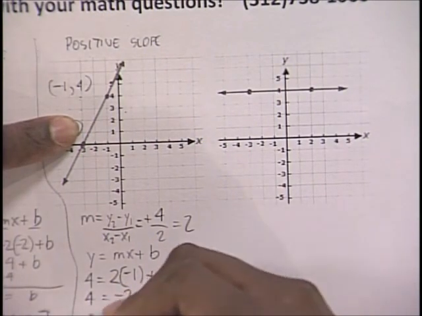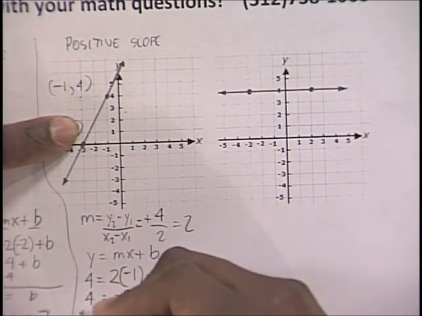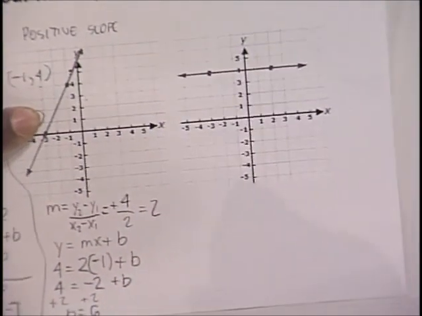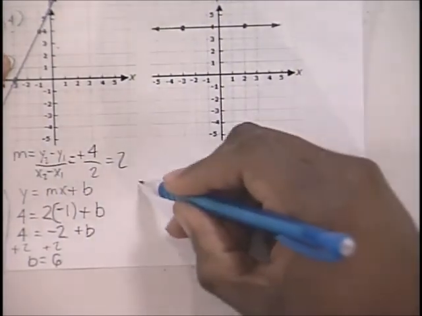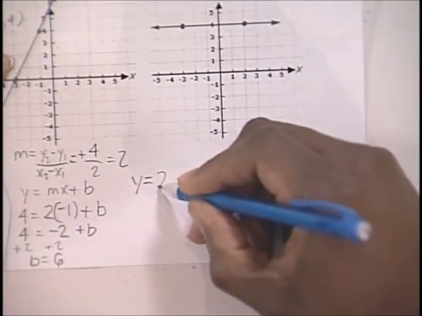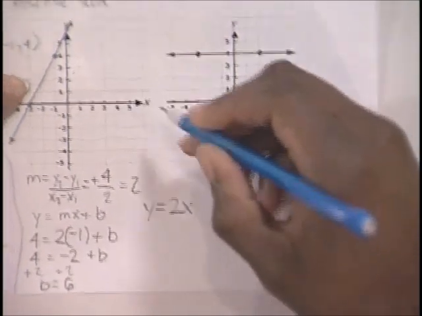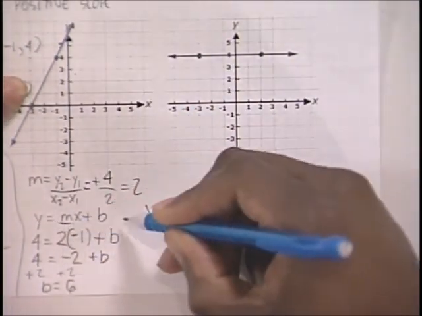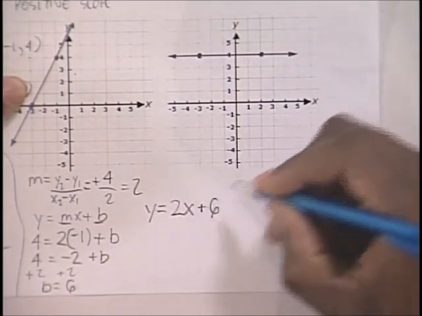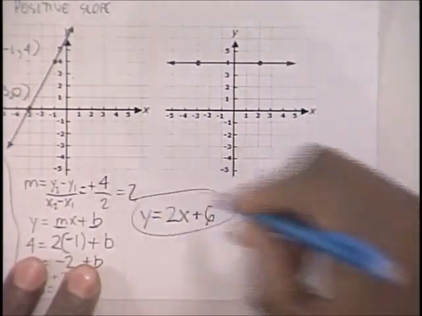You add the 2 on both sides, and you get the y-intercept is 6. So now you can write the equation of that line. You get y is equal to the slope, which was 2, x, we're just substituting in here and here. y is equal to 2x plus 6. All right, so that's your final answer.